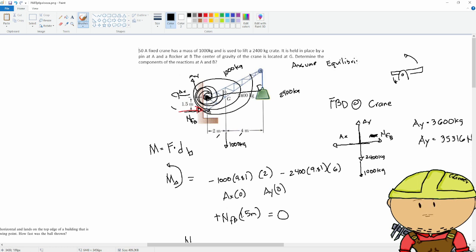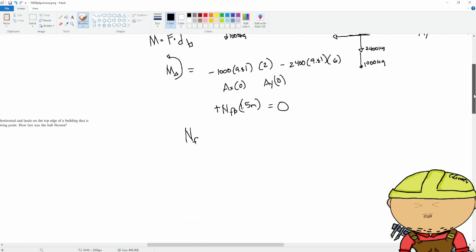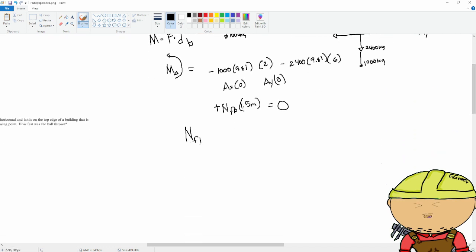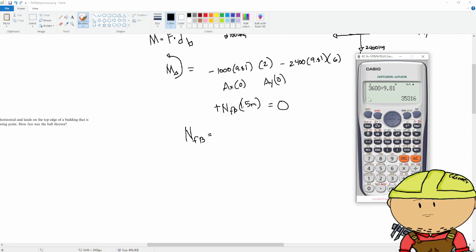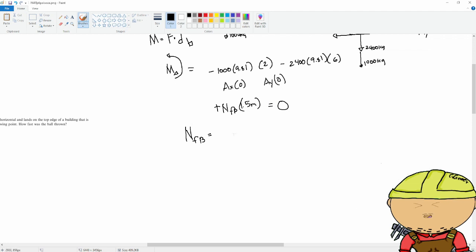Okay, NFB will be equal to 1,000 times 9.81 times 2 plus 2,400 times 9.81 times 6, divided by 1.5 meters.